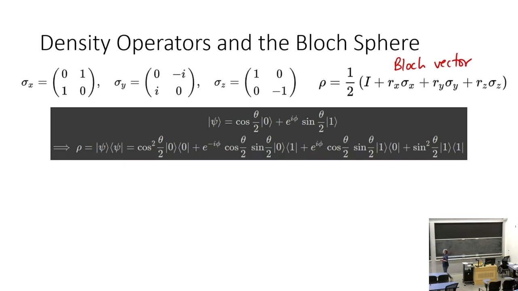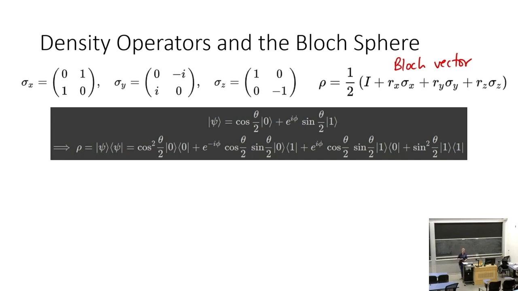If we want to express the density matrix, we take the outer product. Using the qubit state in this form and taking the outer product, we can expand it out like I have written here, so we have terms like cosine squared theta over 2 times the outer product of |0> with itself, and so on.